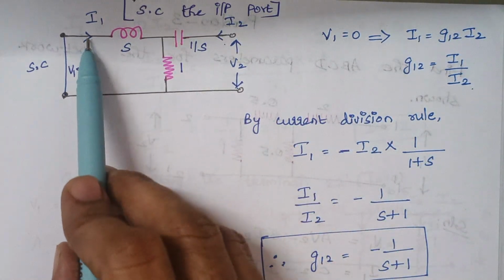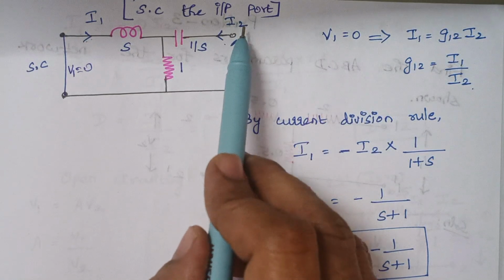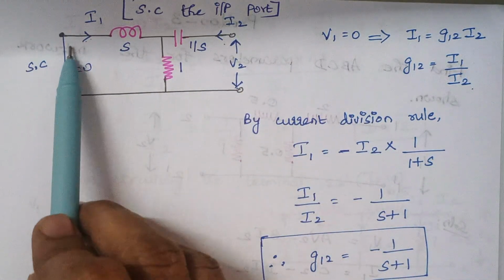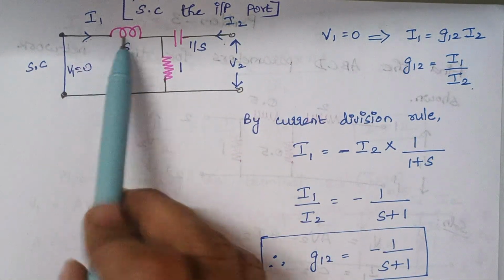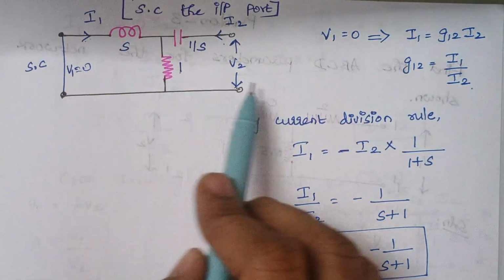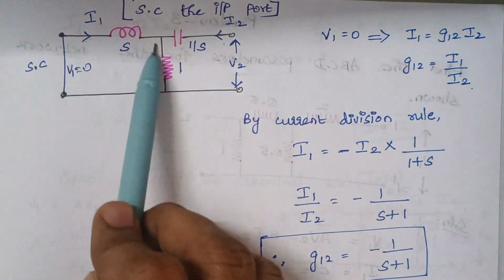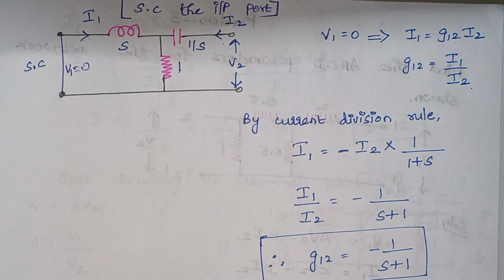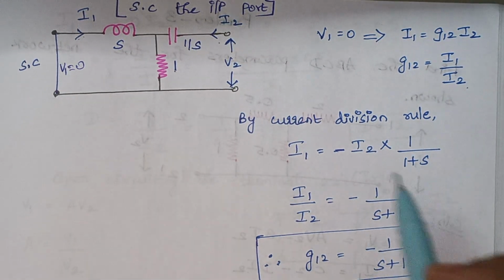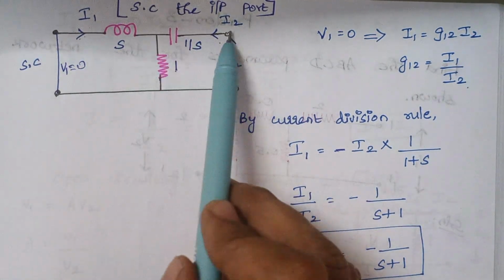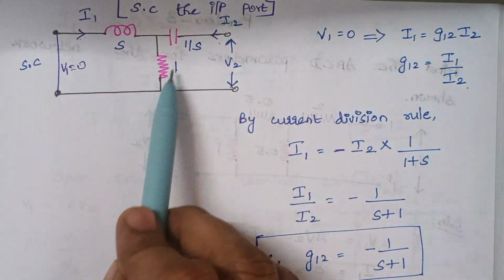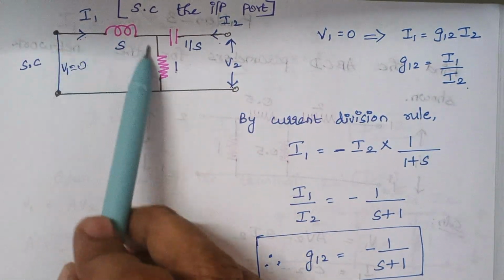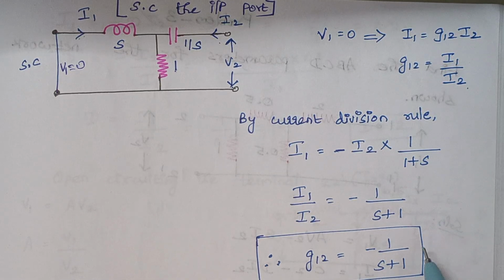Therefore, I1 is equal to total current into opposite resistance. What is the resistance which is opposite to this I1? It is 1 divided by the total resistance, which is S plus 1. Right. Therefore, I1 is written as I2 into 1 divided by S plus 1. So I1 is written like this.